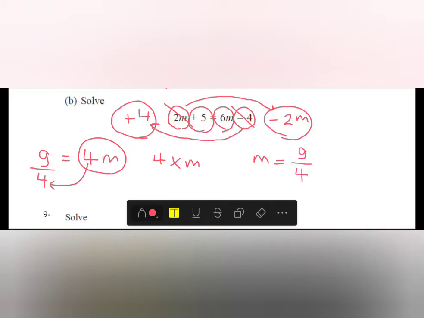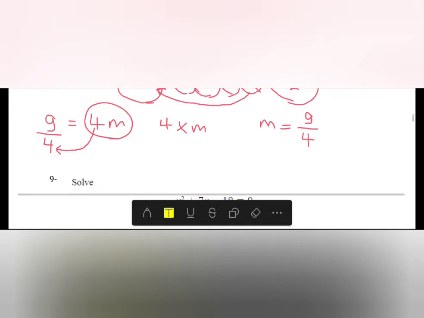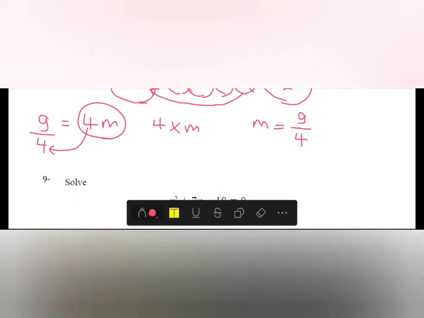And then when you do 9 divide 4 by the calculator, the answer will be what? 9 divide 4 equals 2.25. So m, let's write it here, m equals 2.25. Let's use the space here.